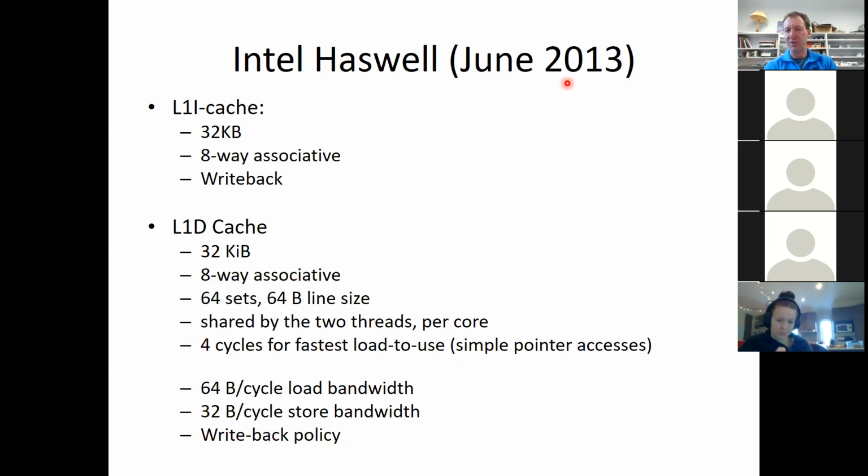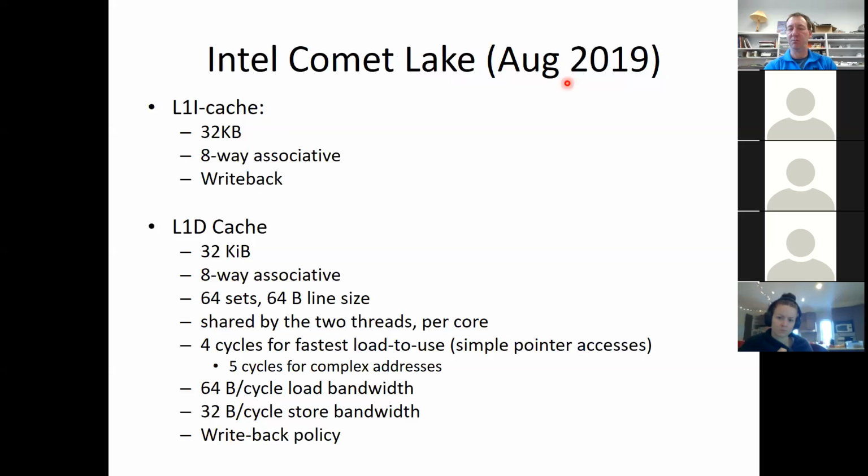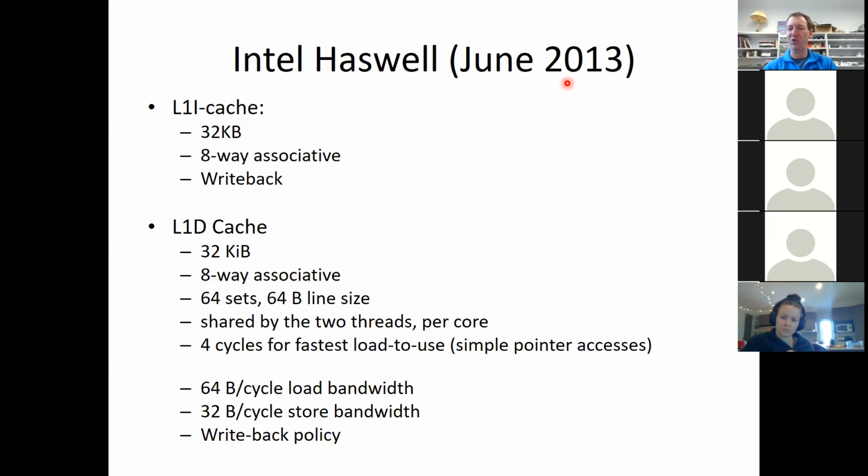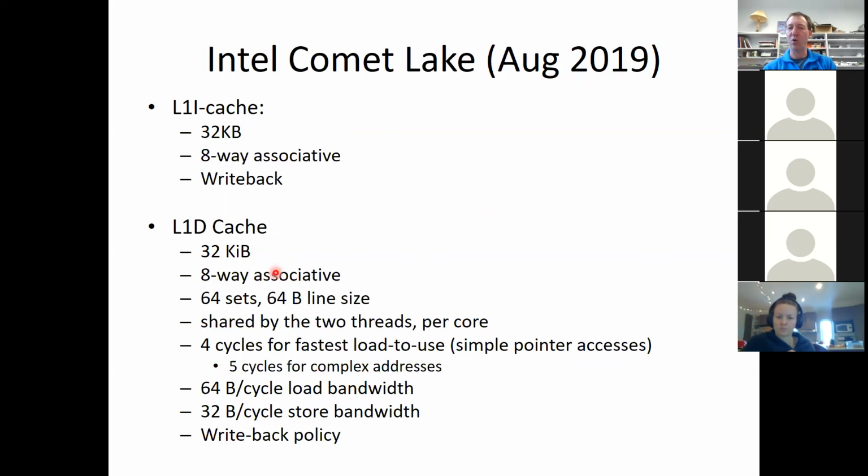Now this was 7 years or so ago. If you look at the latest Intel processor, the Comet Lake generation, released half a year ago, and I switch around very quickly, there was essentially no change in how it is organized and in the policies. It's the same. Of course, there are hardware changes, like higher clock speeds and other things, but overall there's very little change.